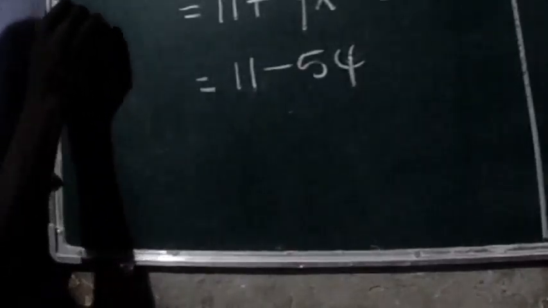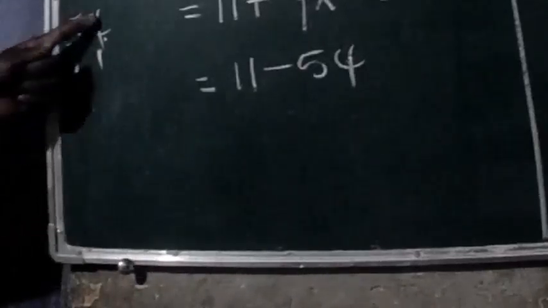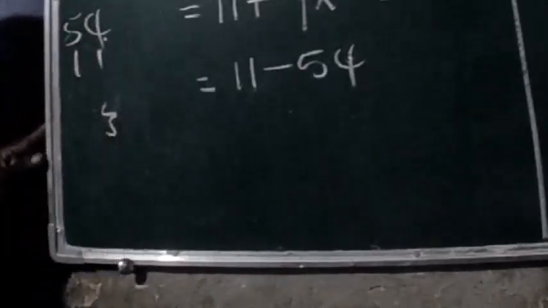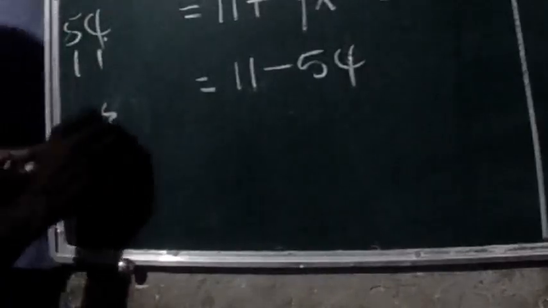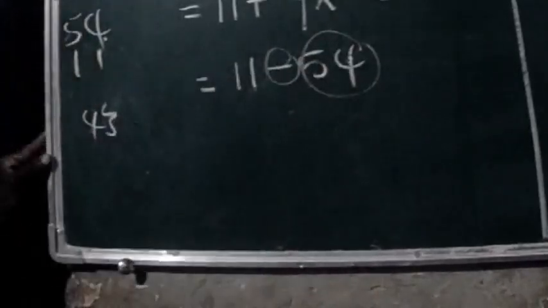But because you've looked at integers, we have a number line, we consider the signs. Different signs, we make sure to subtract and get the sign from the bigger number. So in this case, we are saying 54 minus 11. 4 minus 1 is 3, and 5 minus 1 is 4. But our bigger number is 54, and it is carrying a negative.